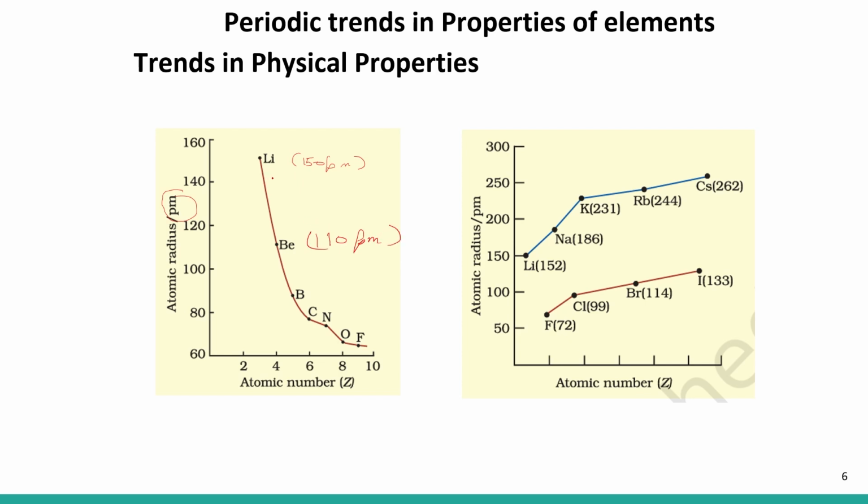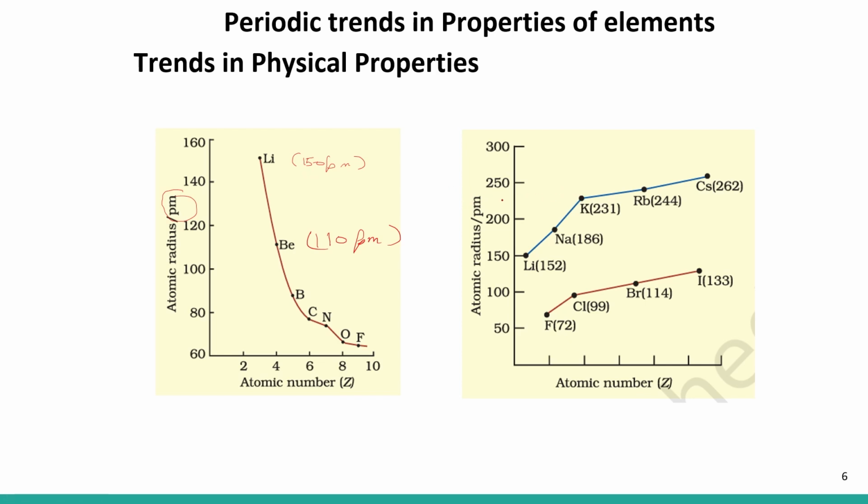The reason is the same: because the number of electrons in the outermost shell keeps increasing across a period, the outermost shell experiences a large effective nuclear charge, and it contracts to balance that. So the atomic radii decreases as a result.